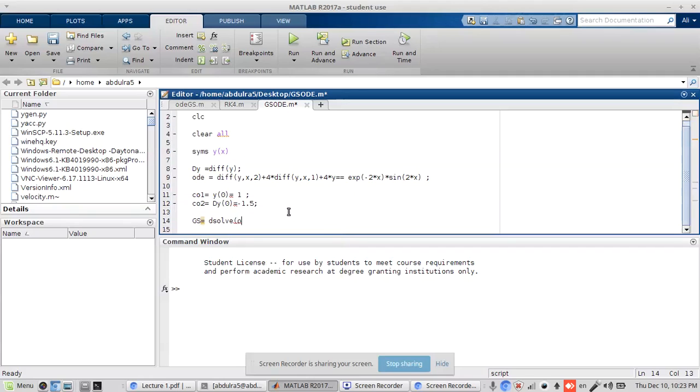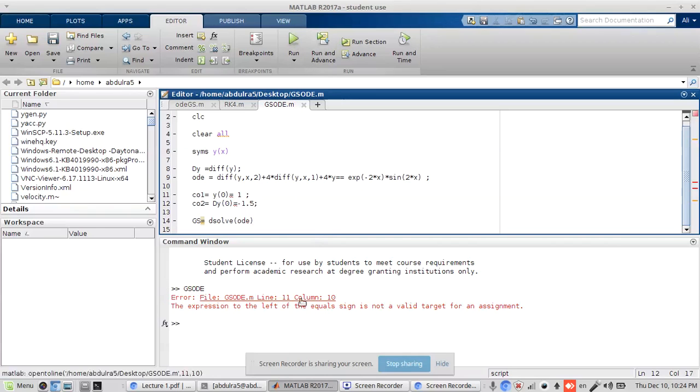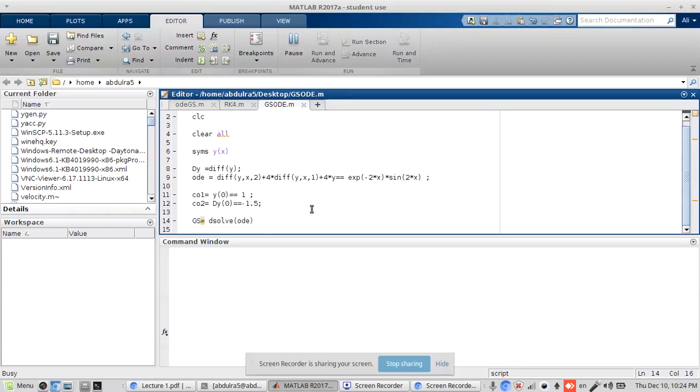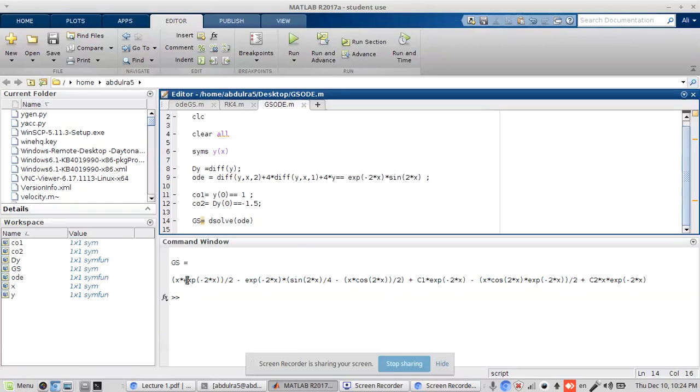So I am solving for this ODE. So let me check. Here I have to put some additional equal, since I have the first one here. So let me see. I got the general solution in terms of C1 and C2.